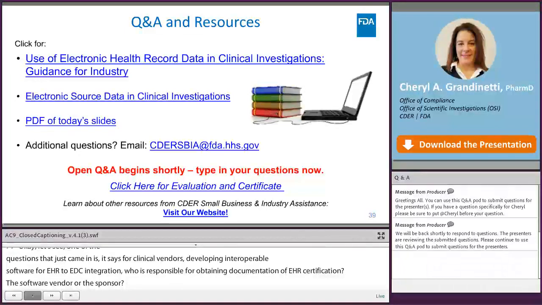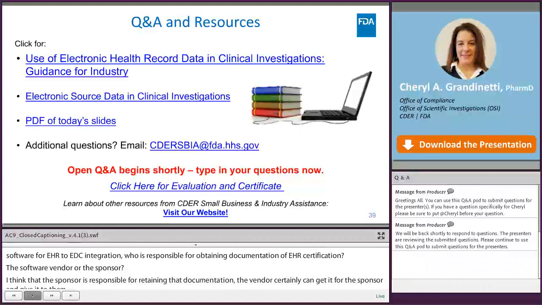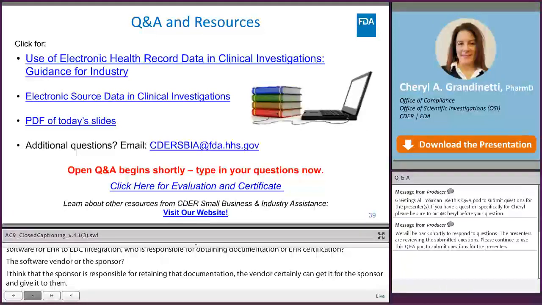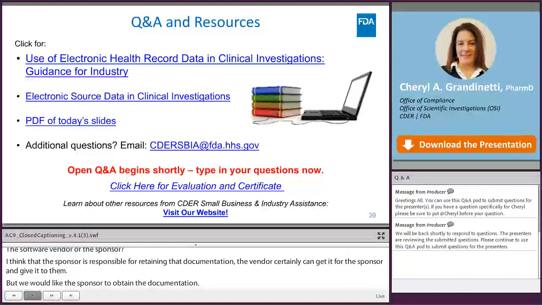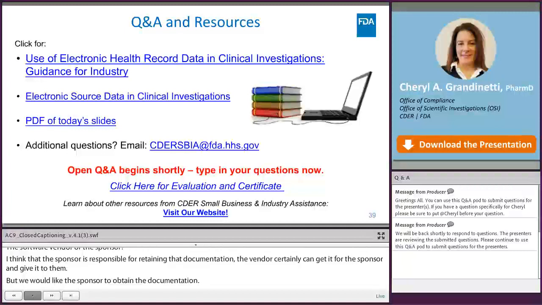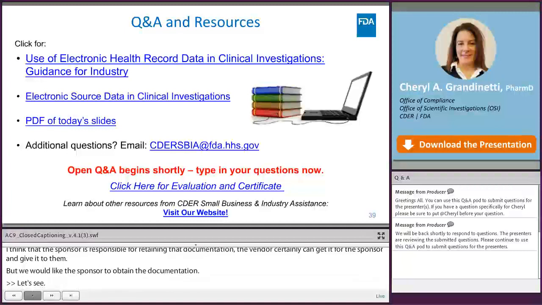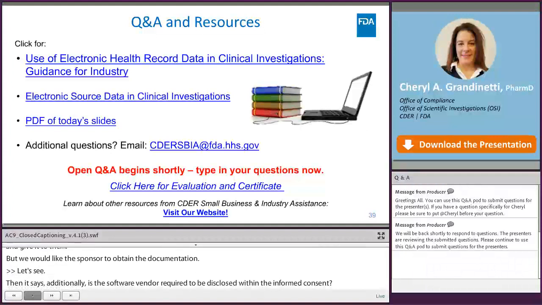The vendor certainly can get it for the sponsor and give it to them, but we would like the sponsor to obtain that documentation. And then it says, additionally, is the software vendor required to be disclosed within the informed consent? Now, I think it's just the entities that have access to the patient's healthcare information, so that they're actually looking at their data. Those should be the individuals that are listed in the informed consent.